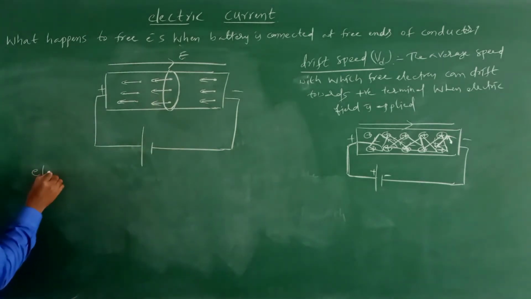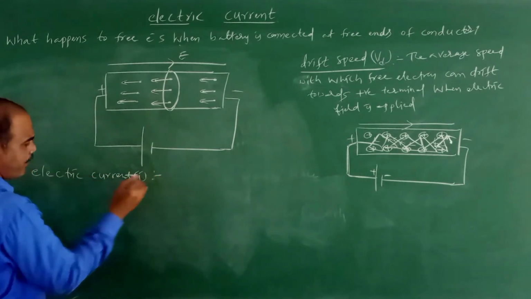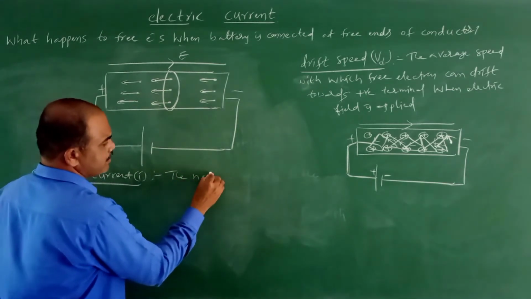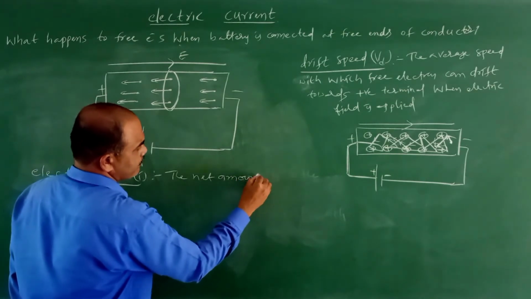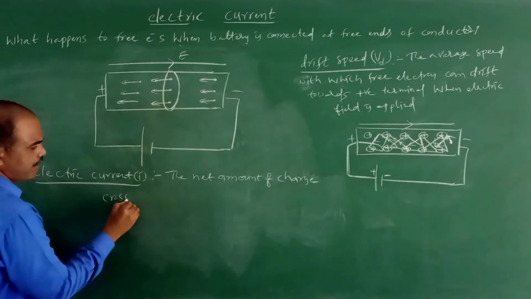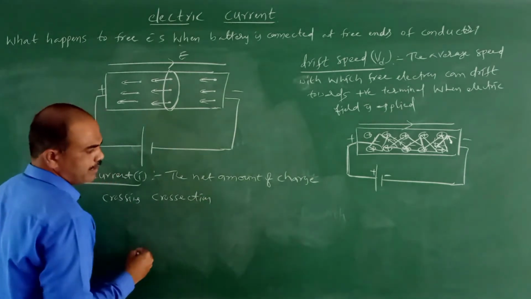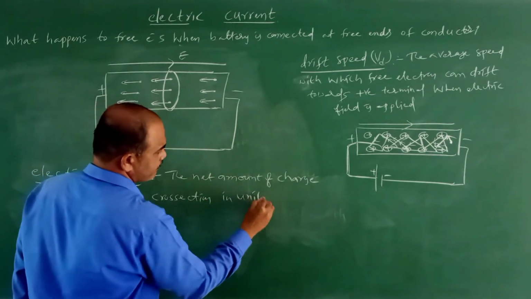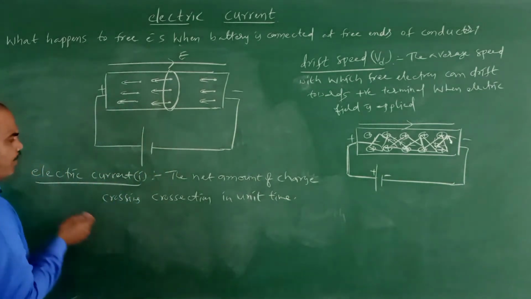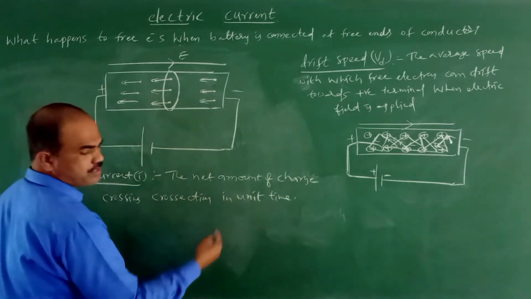So what is electric current? The electric current is represented with the letter I. The electric current is nothing but the net amount of charge crossing the cross section in unit time.